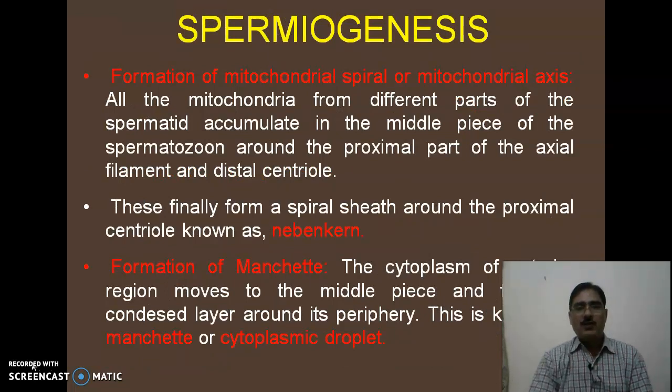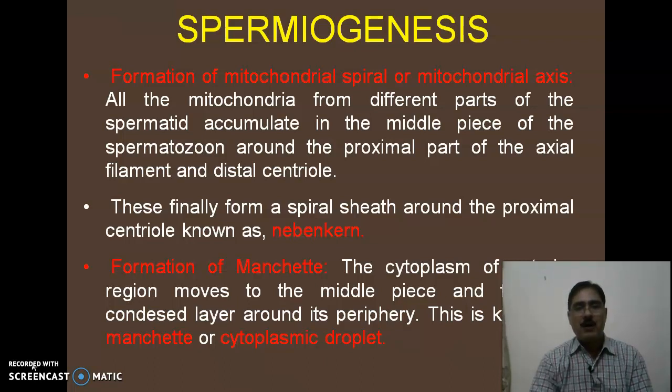Next is the formation of the mitochondrial spiral or mitochondrial sheath. All the mitochondria from different parts of the spermatid accumulate in the middle piece of the spermatozoon around the proximal part of the axial filament and the distal centriole.